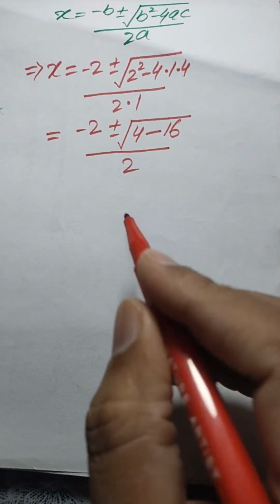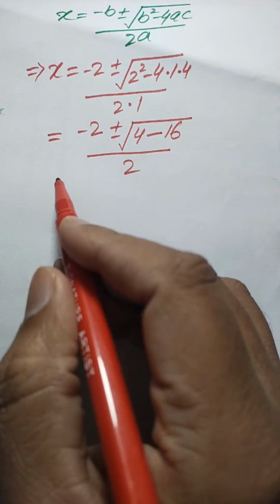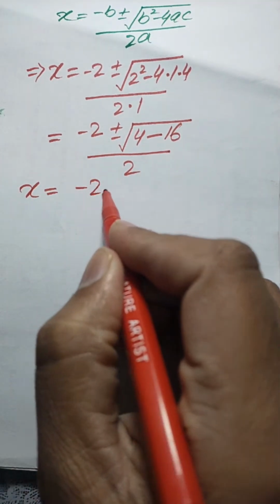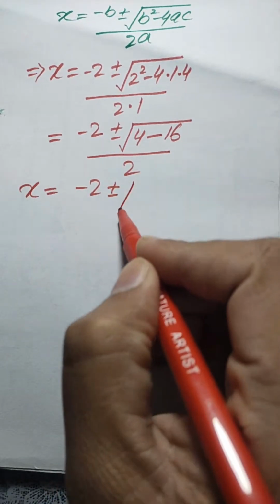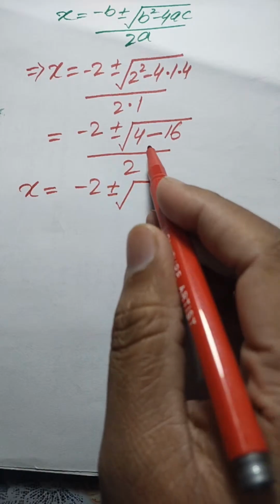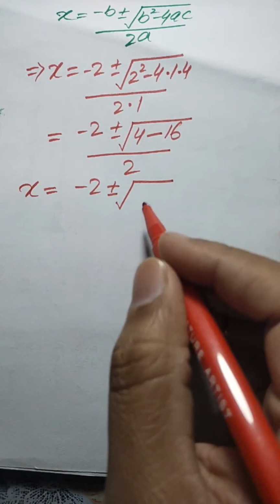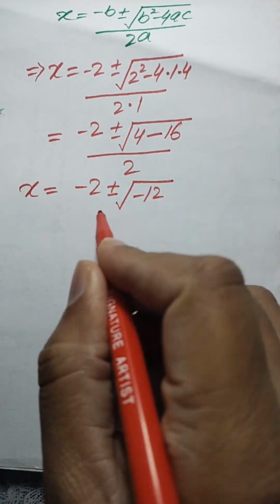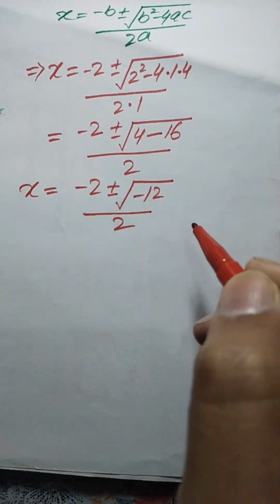And further in the next step we need more simplification, and it will be written as x is equal to minus 2 plus minus square root of 4 minus 16, and 4 minus 16 is equal to minus 12, divided by 2.